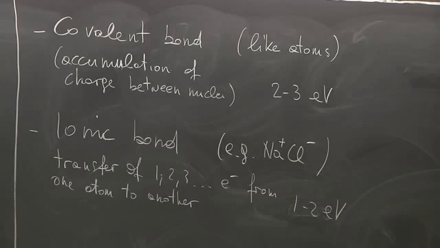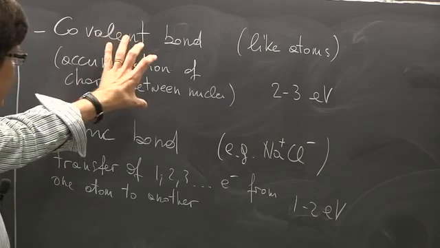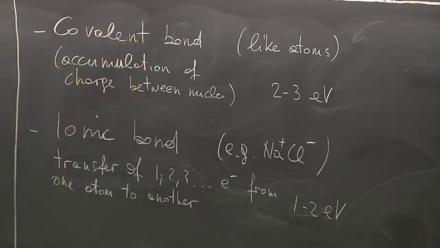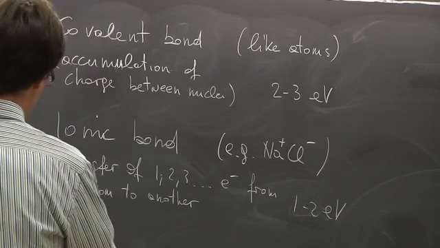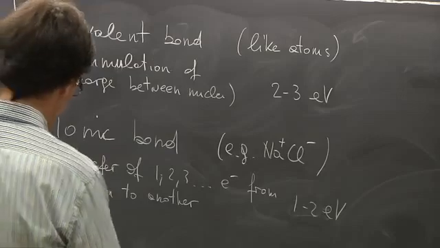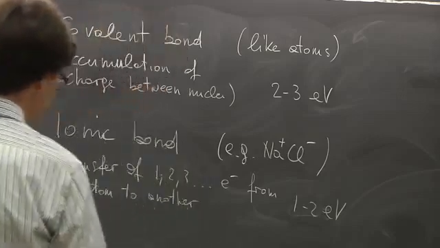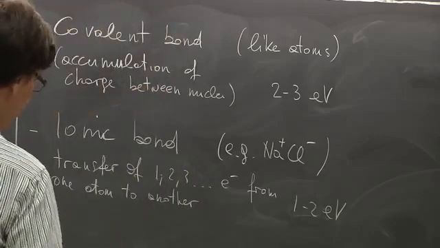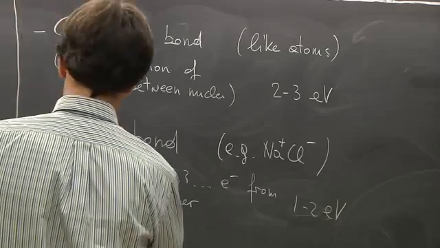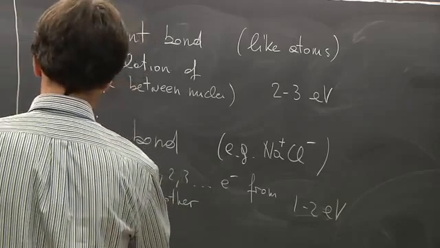So these are the two extreme cases where either the charge is accumulated between the two atoms or where the charge is transferred from one atom to the other one in the case of ionic bonds. There are, of course, other ways in which the atoms bind to one another, and I'm just going here to list some of the weaker bonds that can be classified, at least in chemistry.